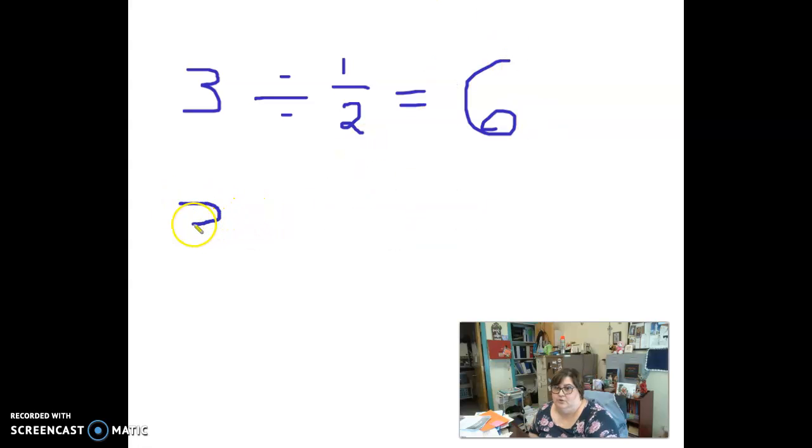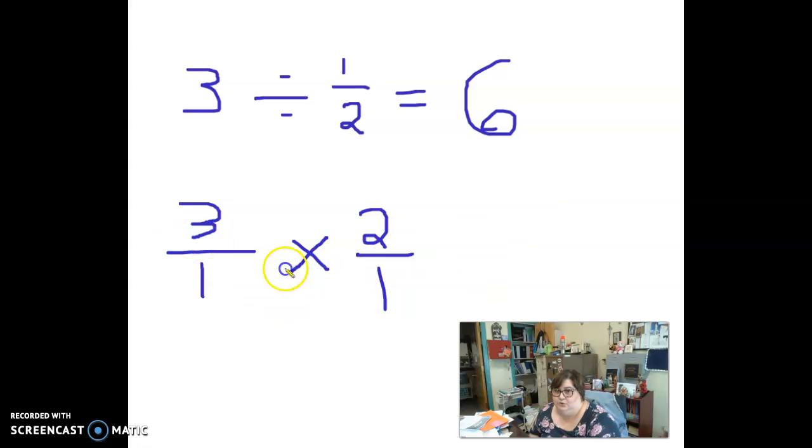So you should have 3 over 1. This becomes multiplication. And then you use your reciprocal, 2 over 1. Right now we're not going to put equals anything because we're going to multiply this out and see if it's true.